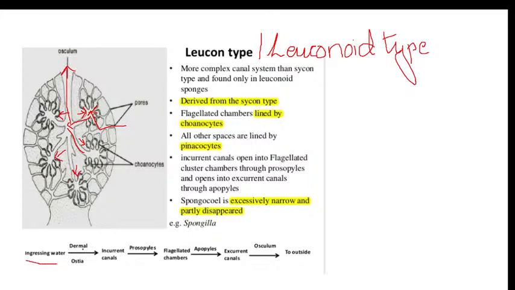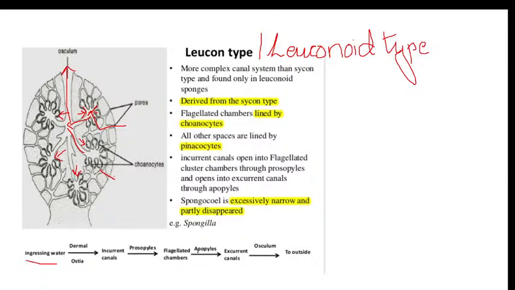Incoming water goes through the dermal ostia into the incurrent canals, and through the prosopyles. These are the prosopyles. Through the prosopyles it reaches the flagellated chambers. The flagellated chamber has choanocytes, or collar cells, and they do digestion.